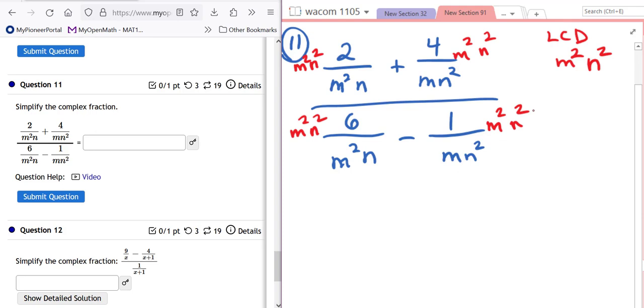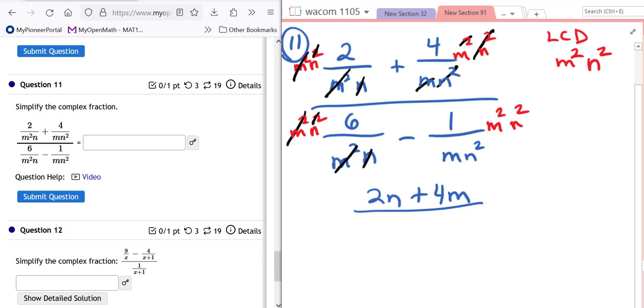All right, now we're going to clean up. So my m squared goes out here. 1 n goes away. So this one leaves me 2n. The next one, 1m goes away. The whole n squared goes away. So I'm left with 4m. Down here, m squared goes away. 1n goes away. So I have 6n.